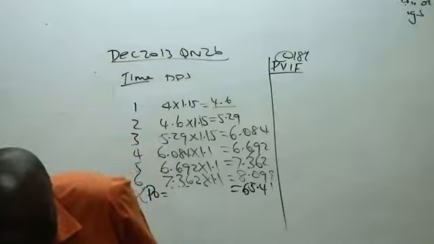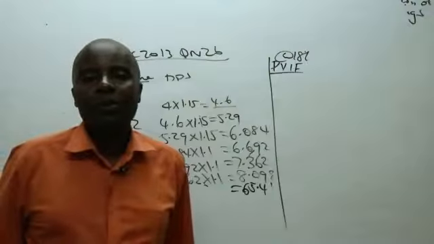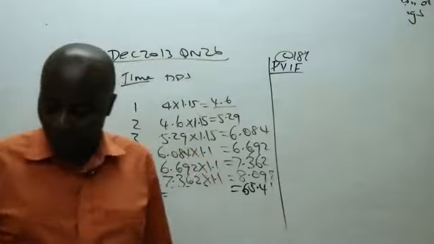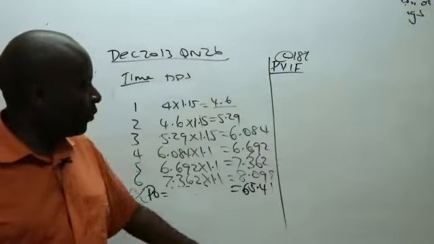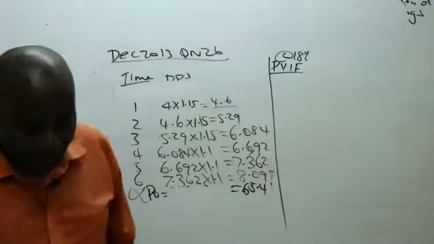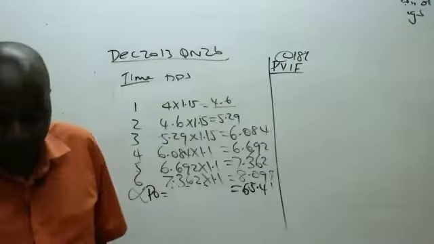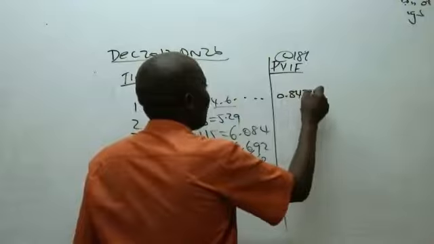I'm not yet getting anybody giving me any figure, my great students. I want you to give me the PV at 18%. Thank you very much. I can now see them coming in thick and fast. We have 0.8475. So the first one is 0.8475.